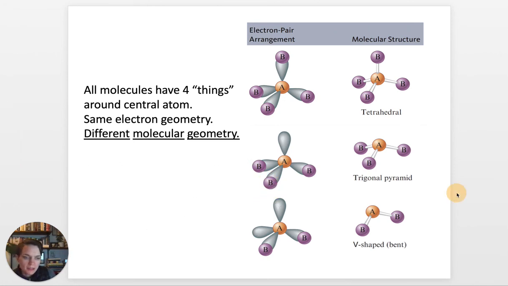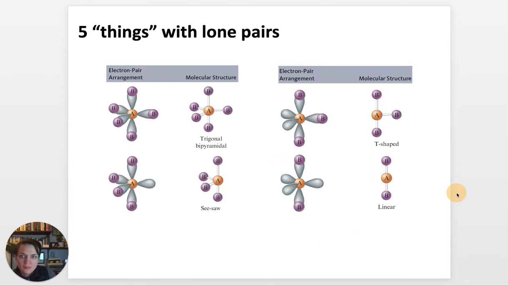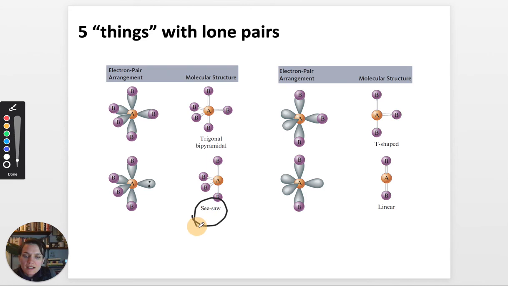Okay, once we get into 5 things, then you have even more terms to know, because we have more opportunities to have lone pairs be a thing. If you have 5 things and all of those things are atoms, we've already seen this, it's trigonal bipyramidal. Here's our triangle and our 2 poles for our pyramids. If one of those things is a lone pair, then we have seesaw. Electron geometry, trigonal bipyramidal.